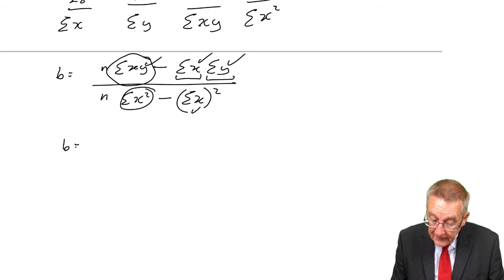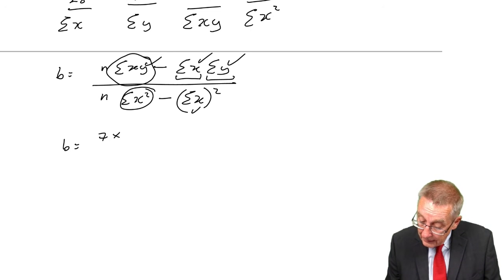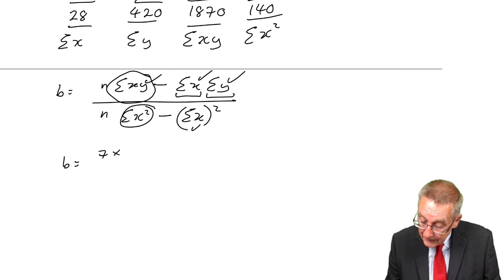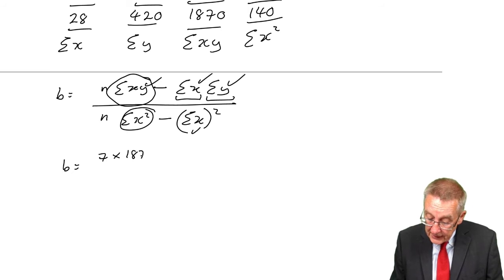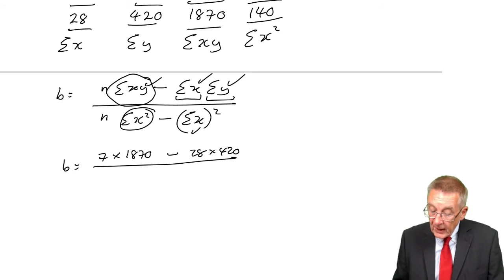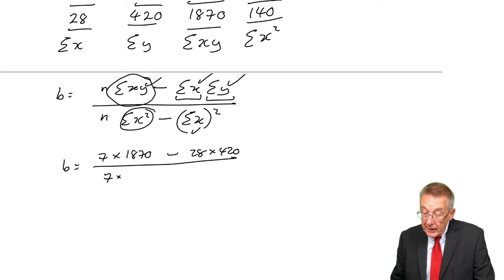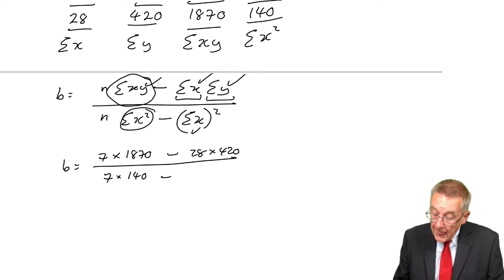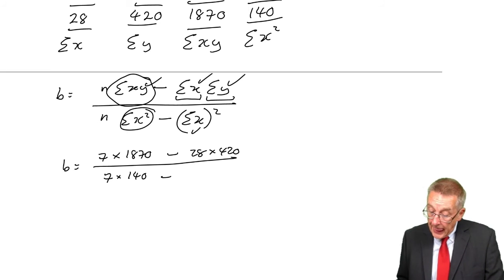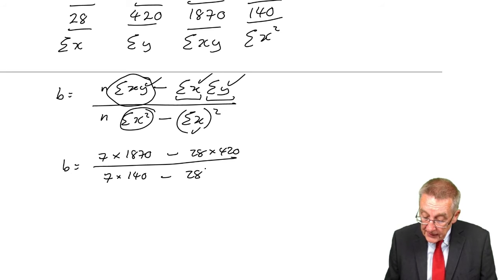So b, n is 7, times sigma xy, there we are, 1870, minus sigma x 28 times sigma y 420, divided by 7 times sigma x squared is 140, minus sigma x all squared, 28 squared.